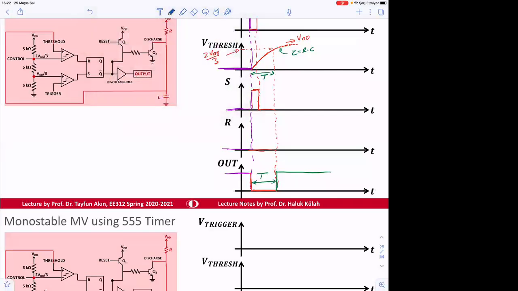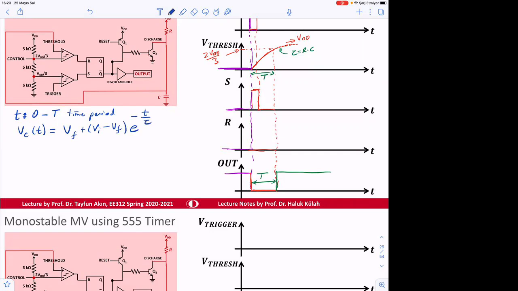Between 0 and t time, in that time period, we know that Vc of t is going to be equal to V final plus V initial of the capacitor voltage minus V final, times e to the power minus t divided by tau, right?